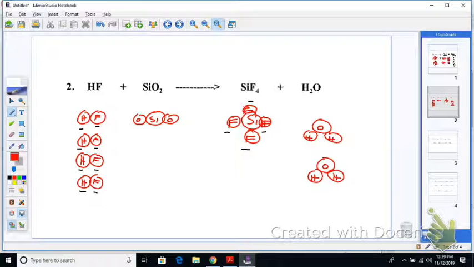Okay, so now that we've done that, our H's, there's 4 of those, and then we've got 4 on the left. So they equal out. How about our oxygens? We've got 1 and 2, and over here I've got 1 and 2. And then your Si's will count.